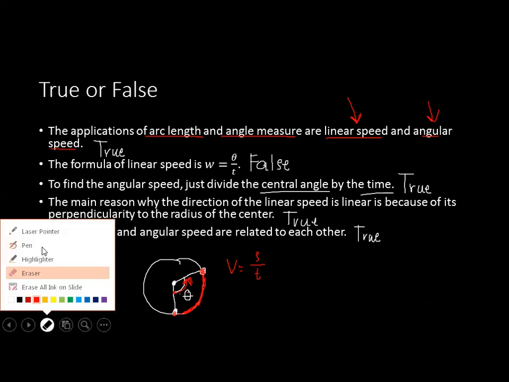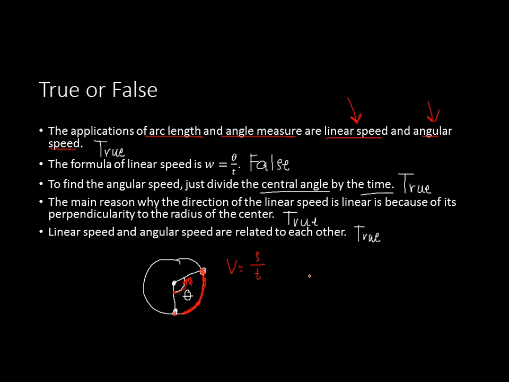To find the speed of the angle formation, you will use theta over t. Plus, you can actually use the angular speed to find the linear speed.